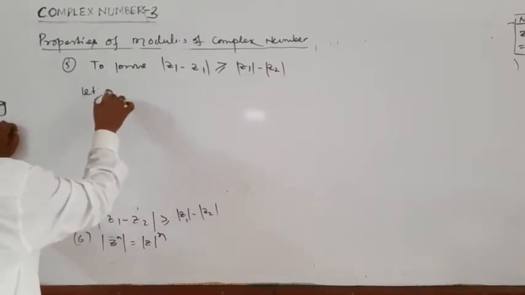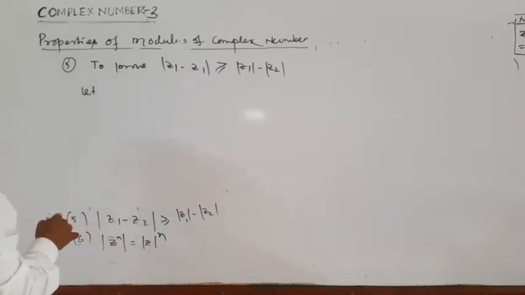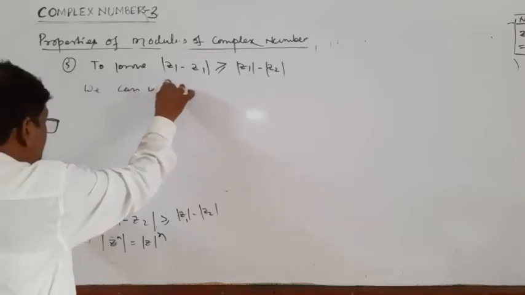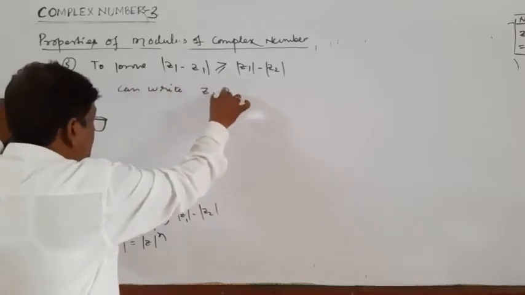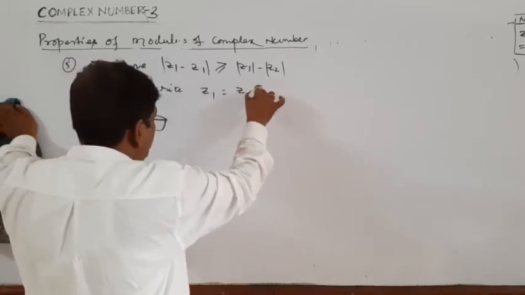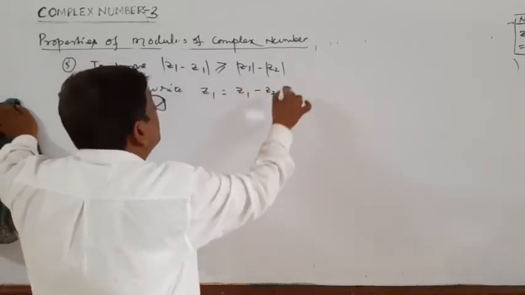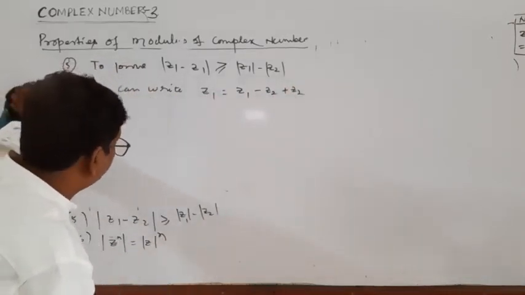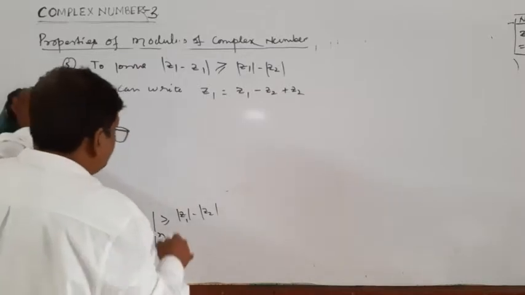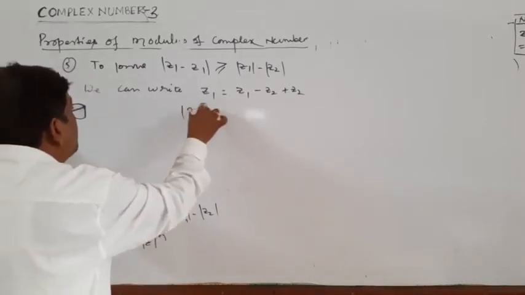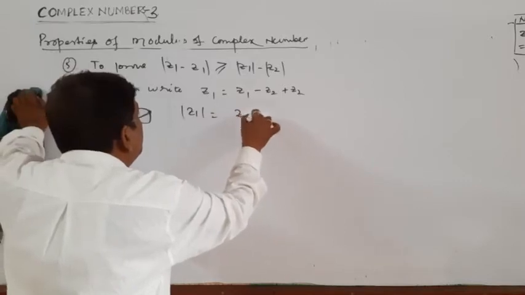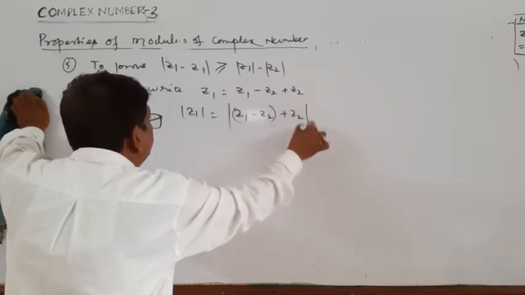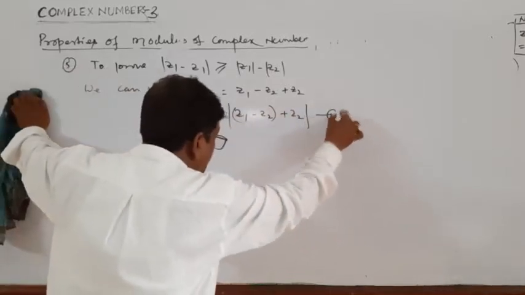Suppose we can write Z1 is equal to Z1 minus Z2 plus Z2. Now mod of Z1 is equal to mod of Z1 minus Z2 plus Z2. This is equation 1, suppose.